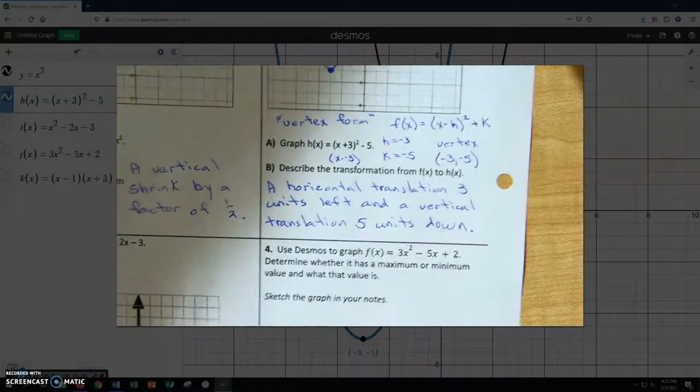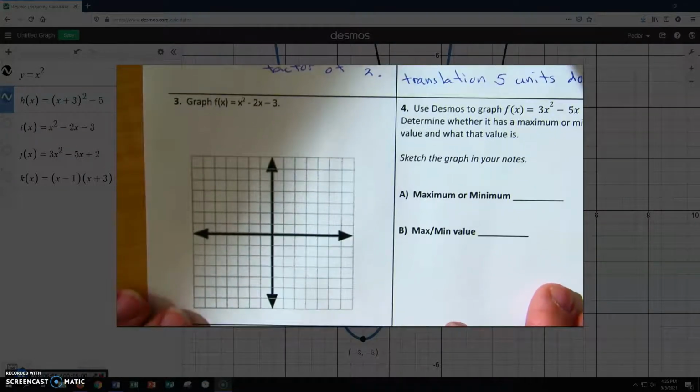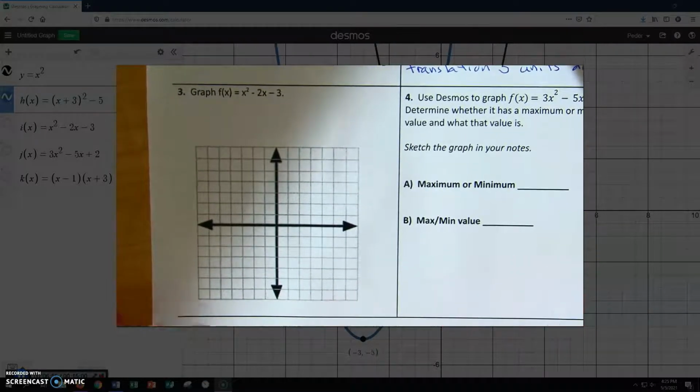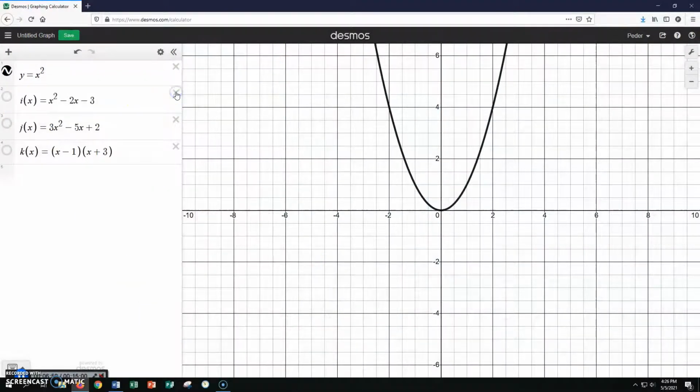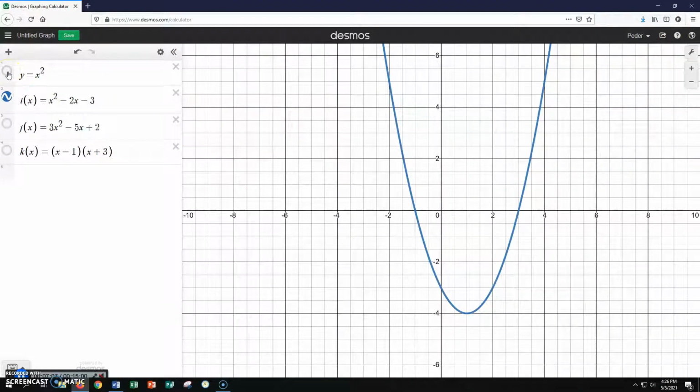Now the next one is really just asking you to graph that. So I have that also over on this screen, so I'm going to close the one we just did and turn on this new one. Now I don't need to compare it to the parent function, so I'm going to hide the parent function in case I need it later.